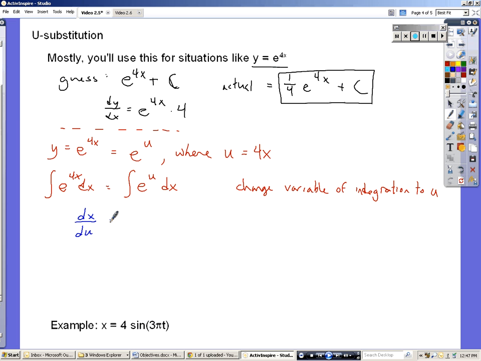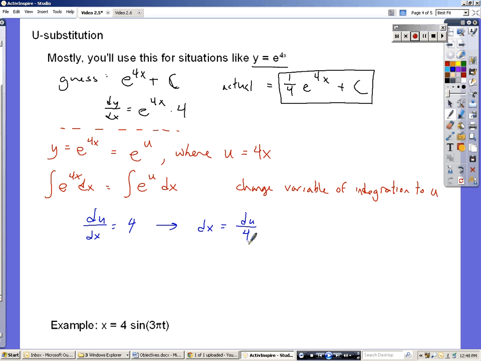We'll take the derivative. Now we have an equation that has dx and du in it. Or it's not dx over du, sorry. We want to find du dx. And u is just 4x. The derivative of that is simply 4. And so one way we can rearrange this to get dx equals du divided by 4.